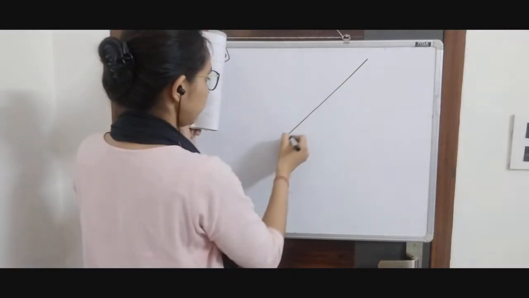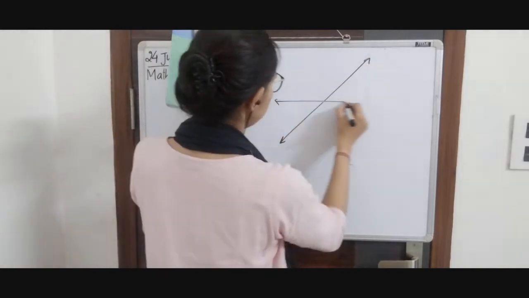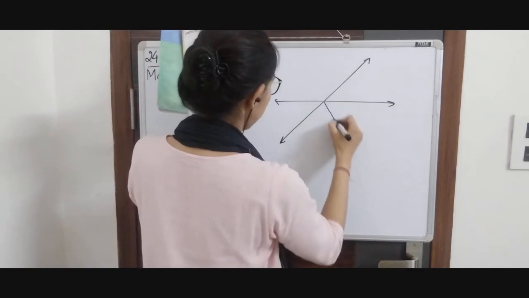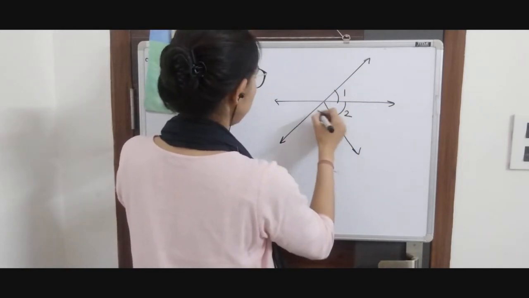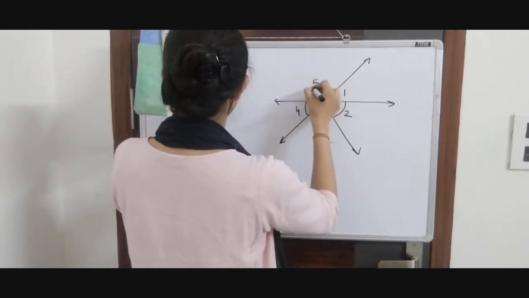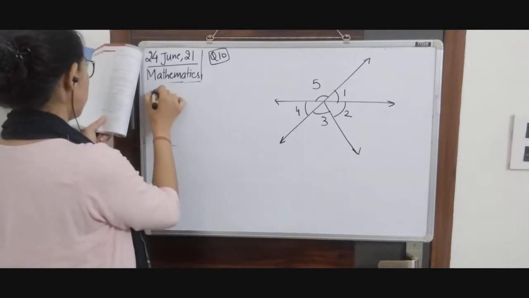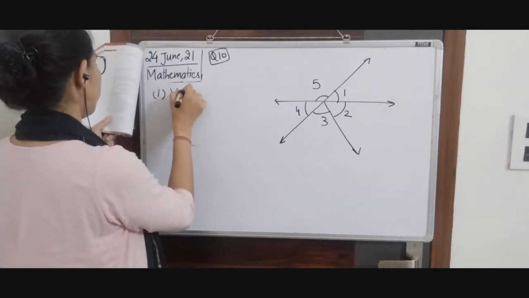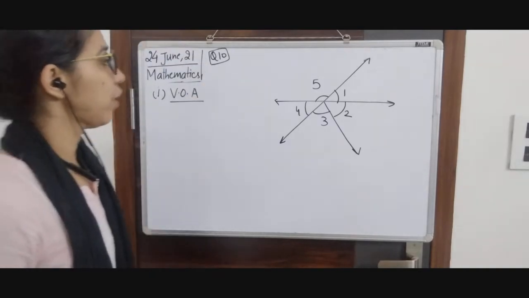We have a line, then we have another line, and then we have a ray. So angle 1, angle 2, angle 3, angle 4 and angle 5. And first we have to write vertically opposite angles. Which pair of angles?